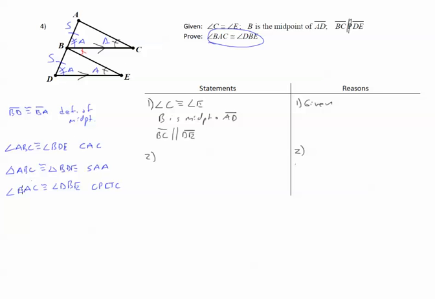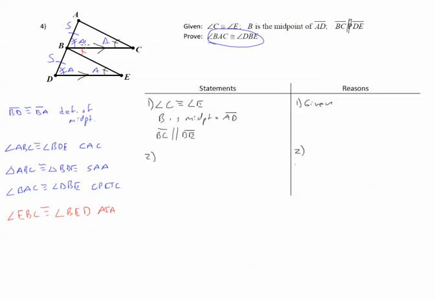Now again, I did make the statement that angle EBC is congruent to angle BED. True statement, but I'm not going to include it because it's not going to help me. I made that because of alternate interior angles.